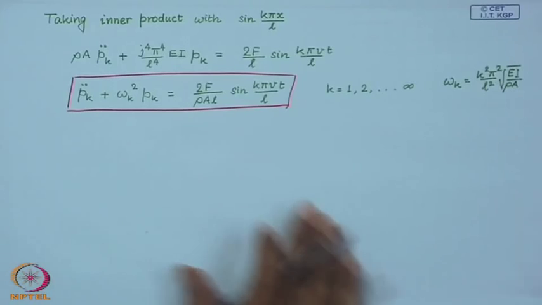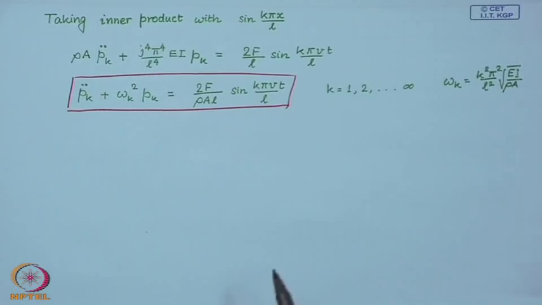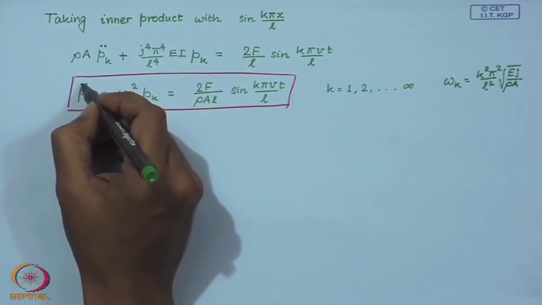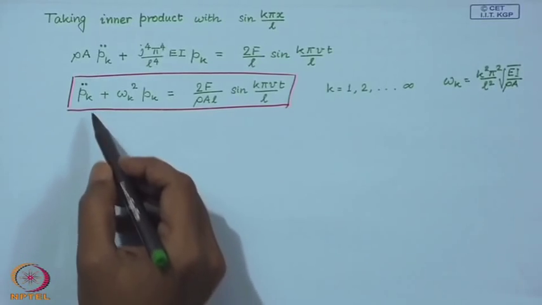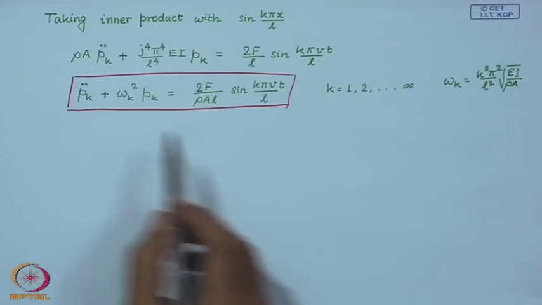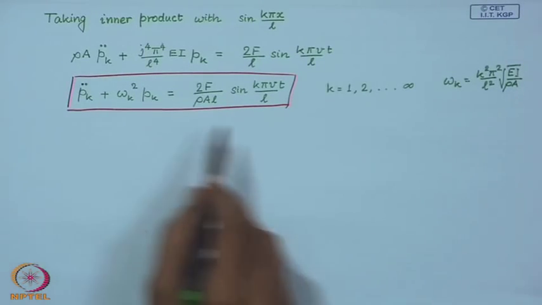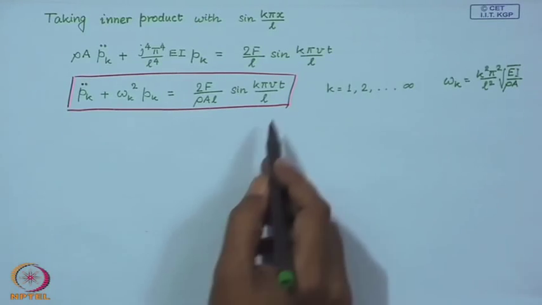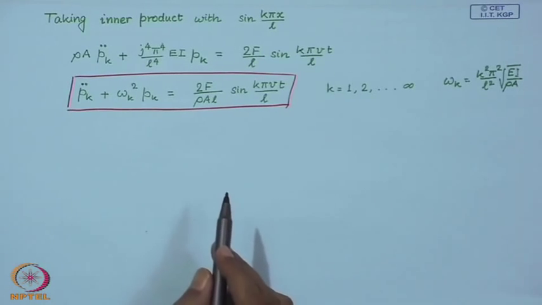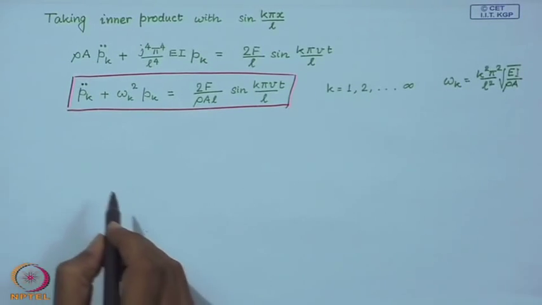Now, this is a forced vibration problem for the discrete systems. Now, you see all these modal coordinates are decoupled. So, they can be solved independently, and we know the general solution of this system. So, we can easily write down the general solution of p k and construct the solution of the beam.